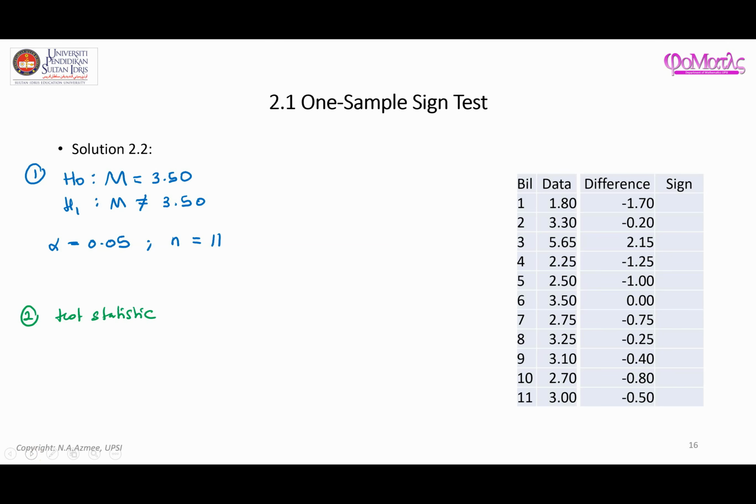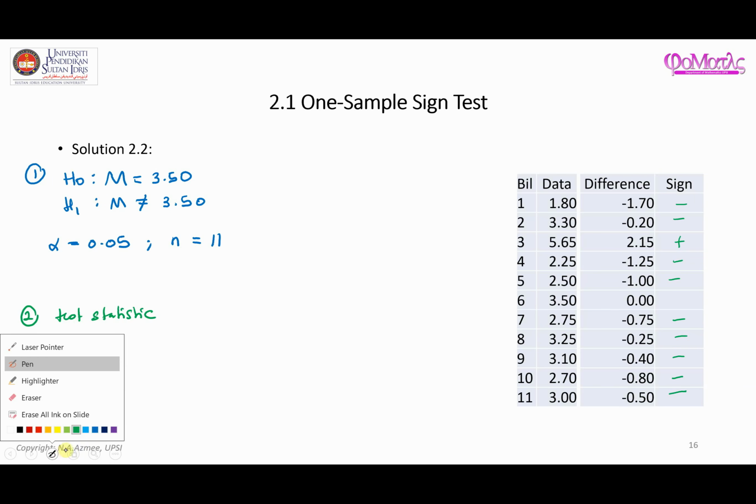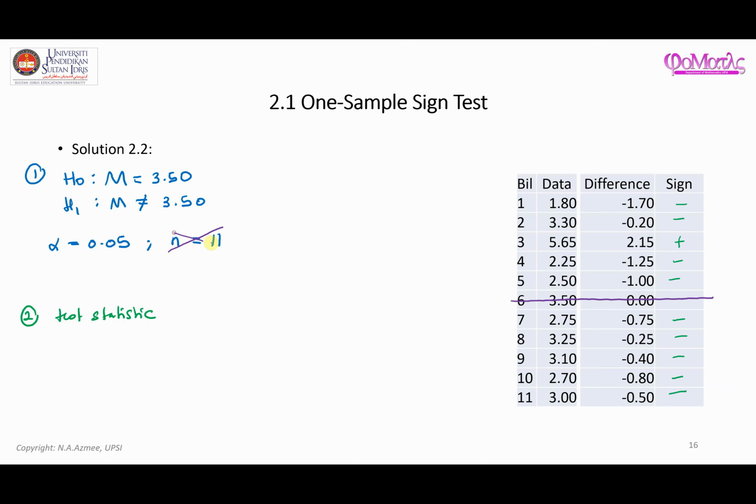You can see that if you consider the signs, these are all the signs that you can consider, clearly negative and positive. Again, don't forget when you do this process, you have to cross out those that give you a value of 0 for the difference, and therefore the sample size now becomes n equals 10.